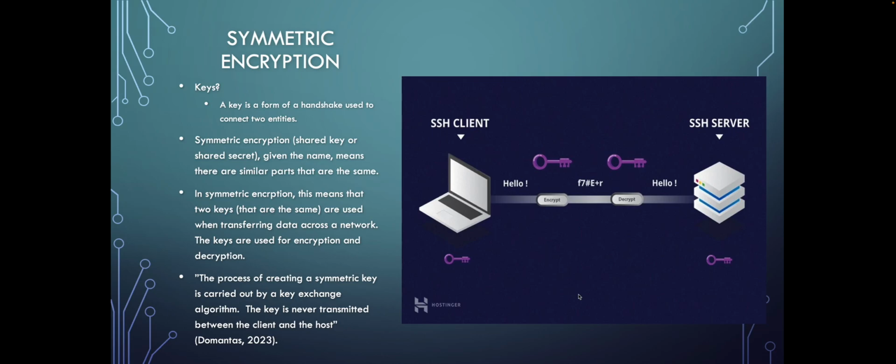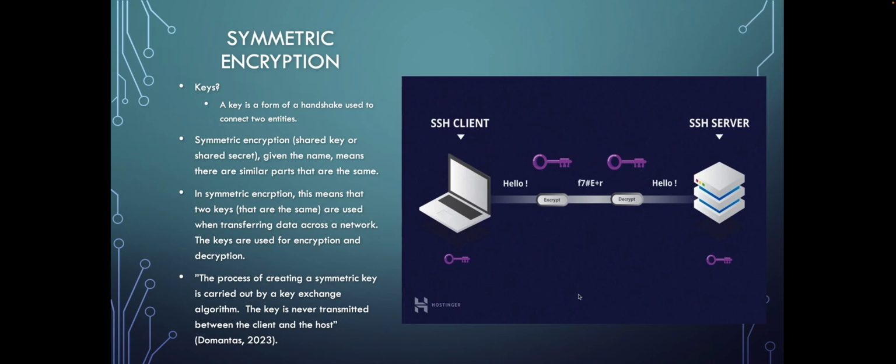Talking about symmetric encryption, it's also called shared key or shared secret, which is important to know. Given the name symmetric, it means that there are parts that are the same. Looking at my picture here, between this client and a server, I have two keys that are the same.